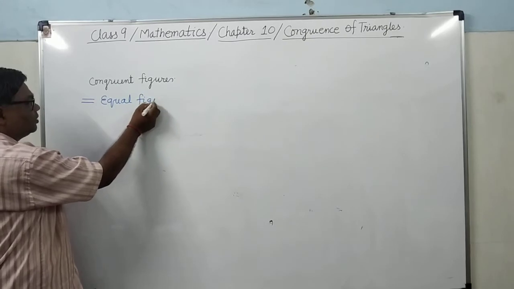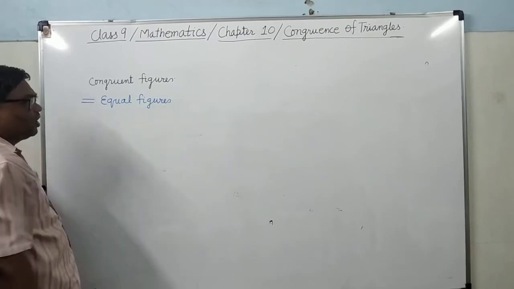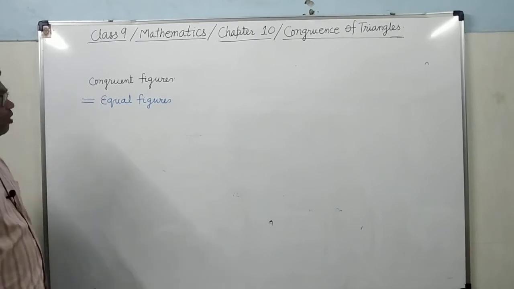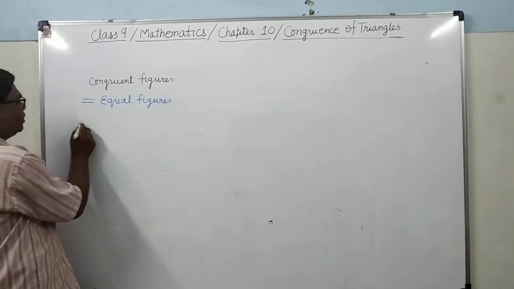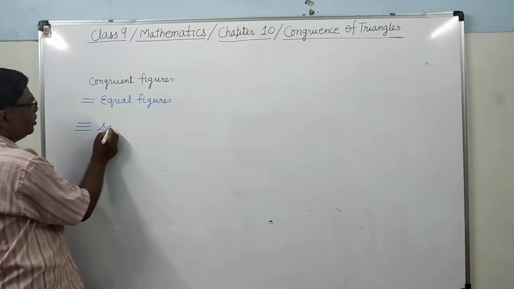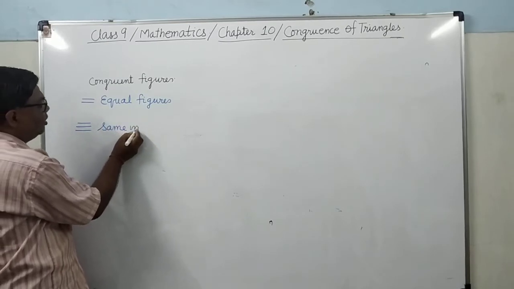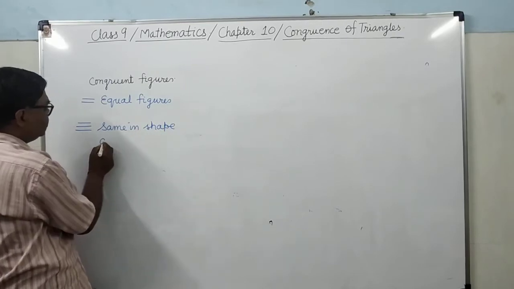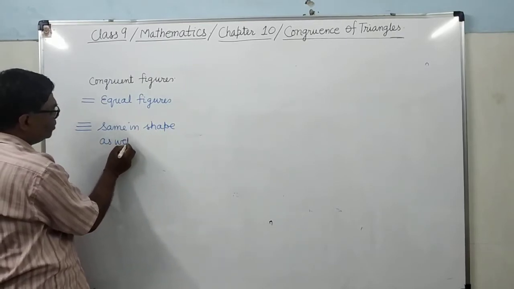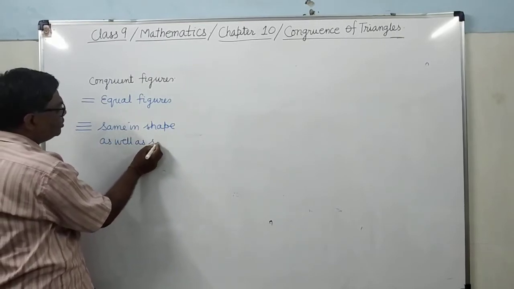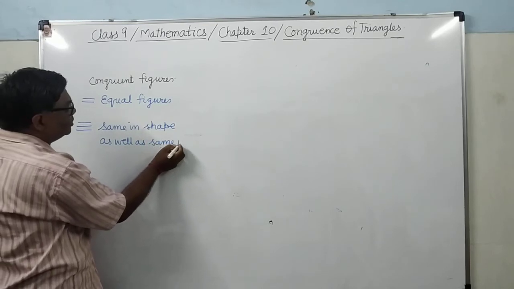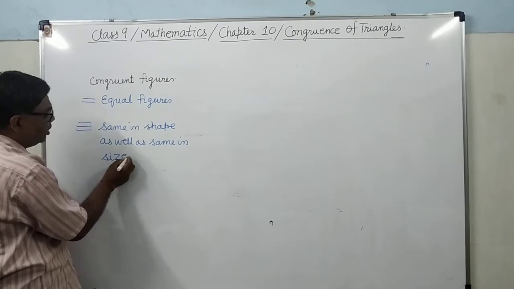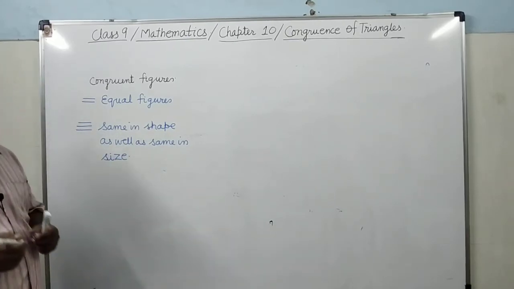Equal figures does not mean that only their area is equal. Equal figures means they are same in shape as well as same in size. It's clear? Then only they are said to be congruent.